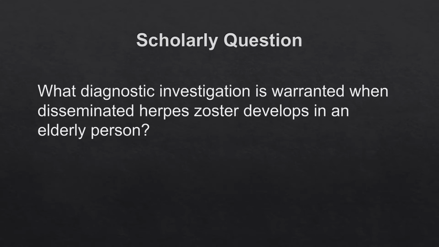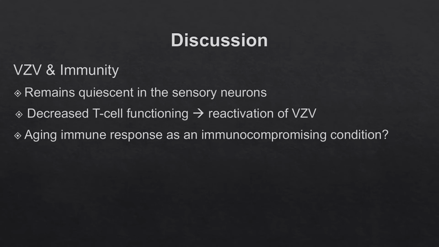This case brings up the scholarly question of what diagnostic investigation is warranted when disseminated herpes zoster develops in an elderly person. In order to answer that question, we need to look at shingles and our immunity. Varicella-zoster virus remains quiescent in the sensory neurons, mainly thanks to cell-mediated immunity.